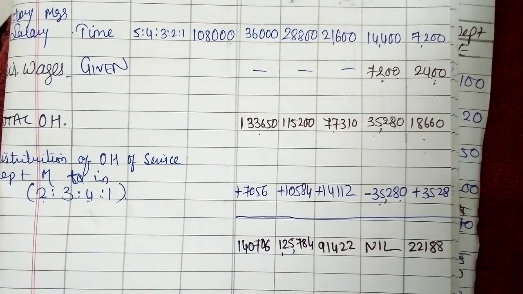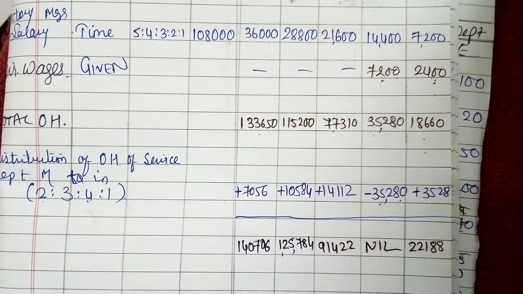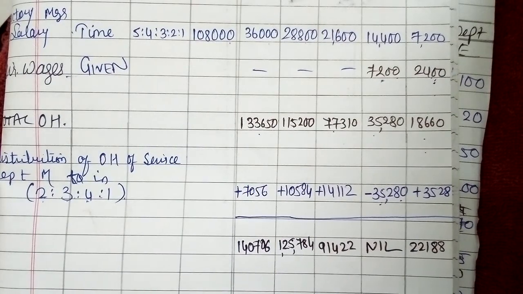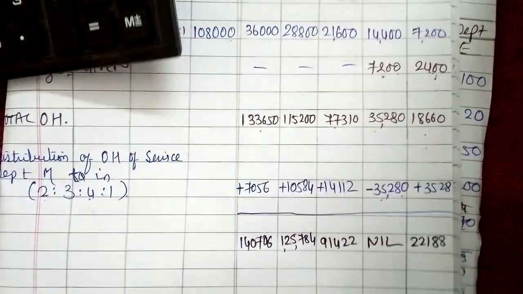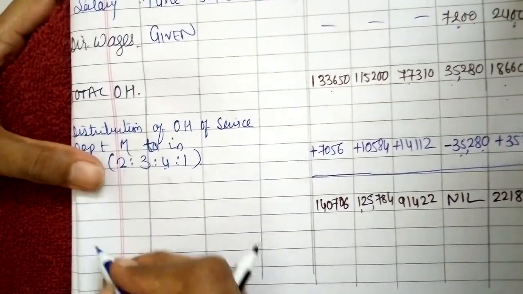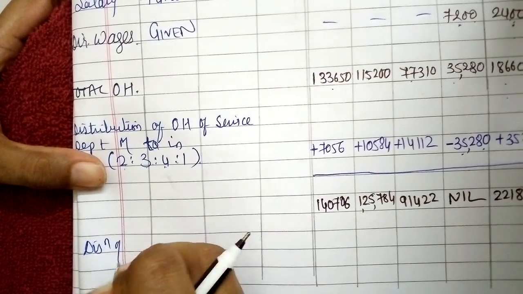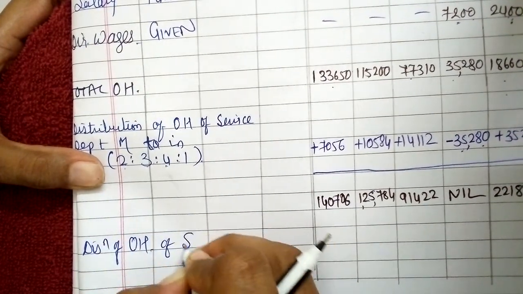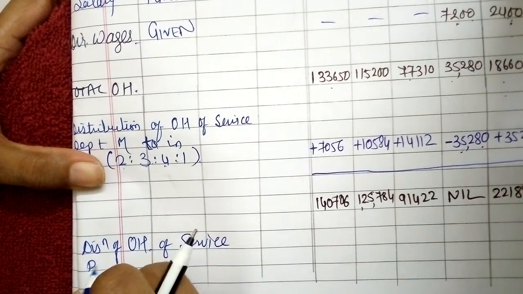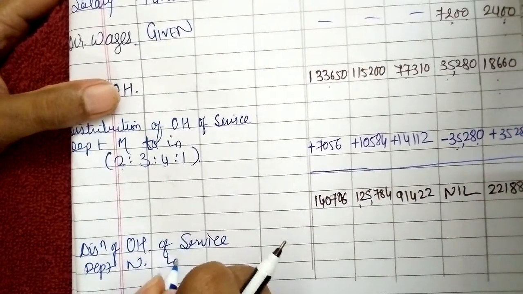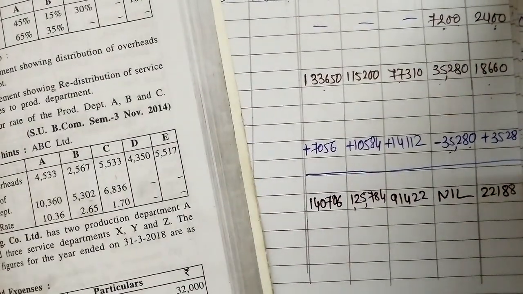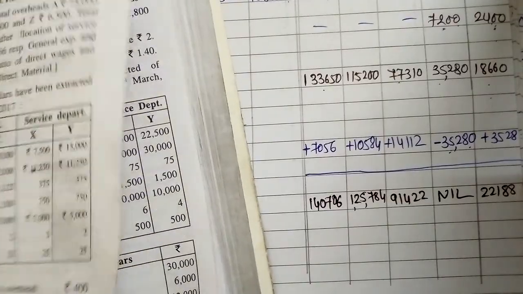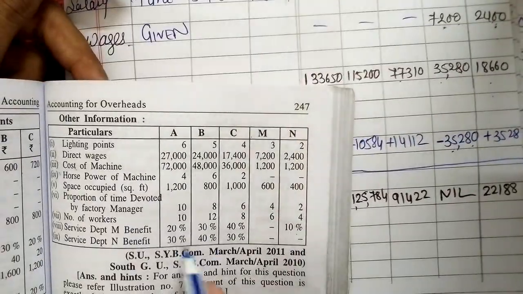Now next, time for distributing or apportioning department N. So now distribution of overheads of service department N in the ratio is given, 3:4:3.